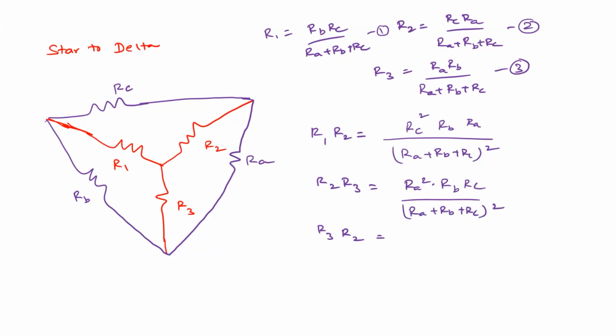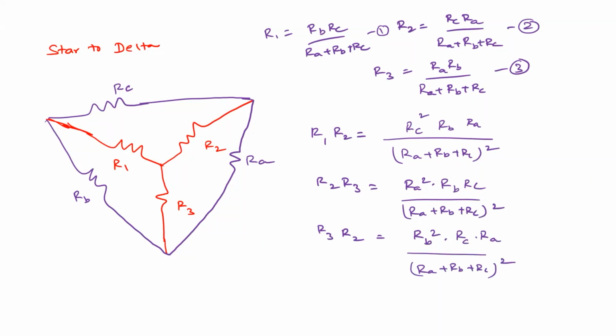Similarly, R3 R1 equals RB squared into RC RA by RA plus RB plus RC whole square.